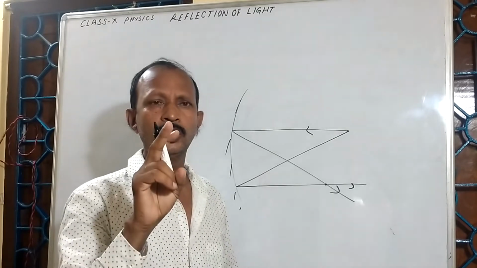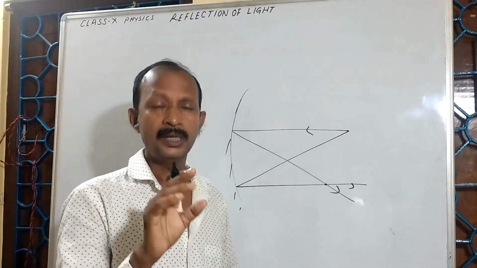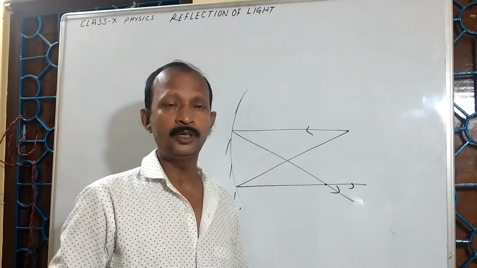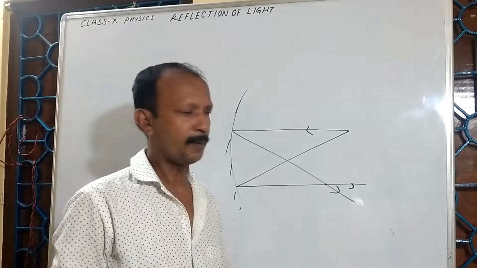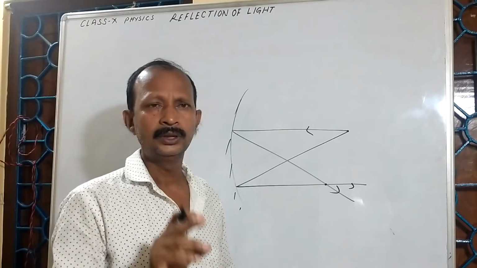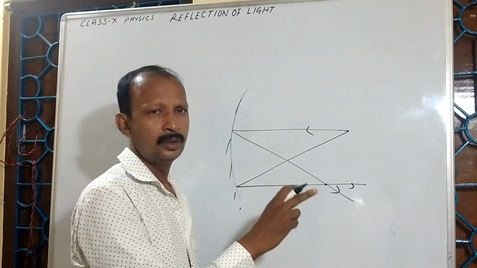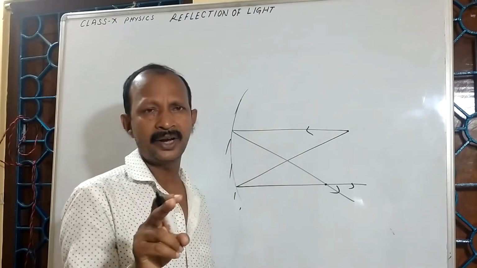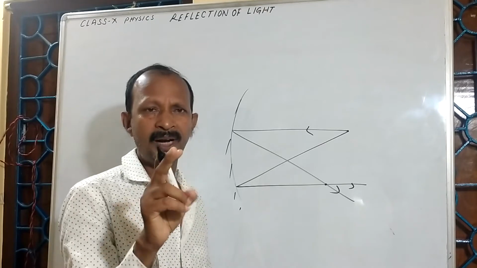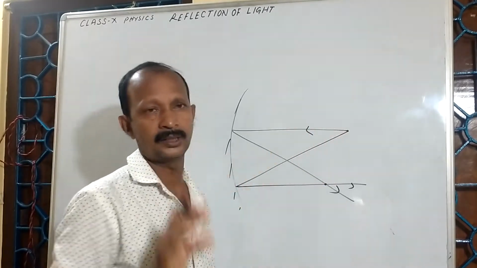So to find the position of the image formed by a concave mirror, we have to draw at least two reflected light rays coming from the object.